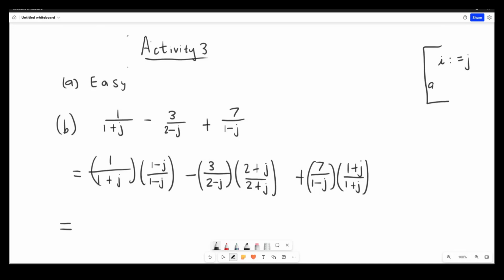And I will put here A plus BJ multiplied by, so the Z times its conjugate is equal to A squared plus B squared.